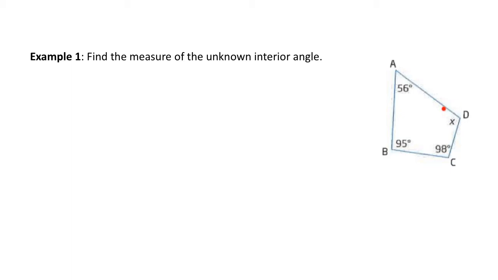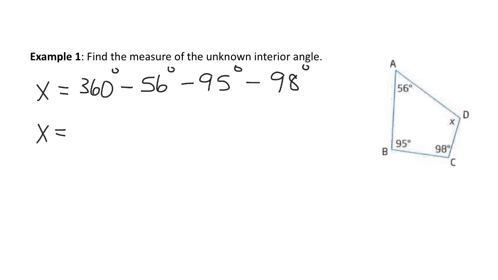So to find the missing angle x, we can subtract the given angles from 360. I've set up my equation and subtracted all of the given angles from 360. So x would be equal to 111 degrees.